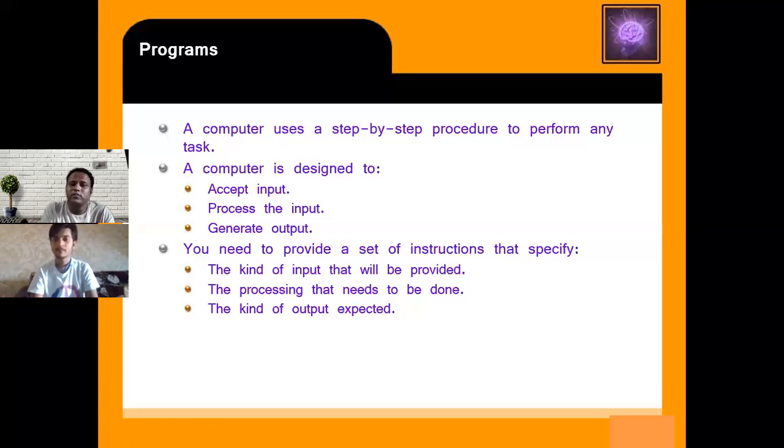The kind of input you provide determines the type of output you get. The processing that needs to be done, the kind of output that is expected. If your processing is working properly, then you get your output properly.